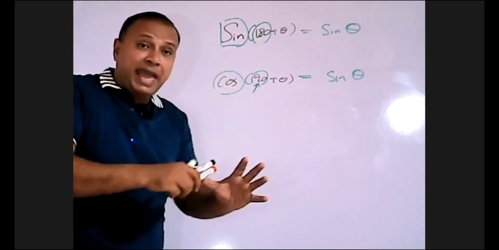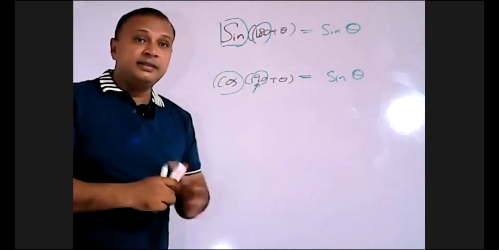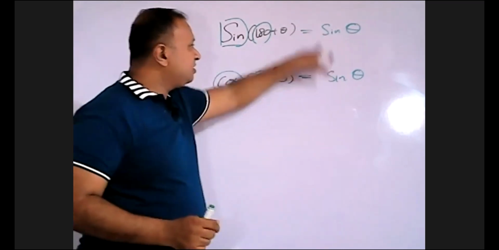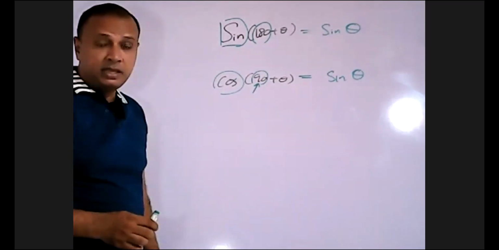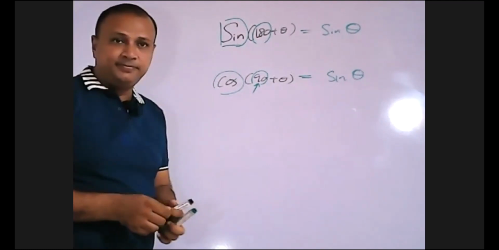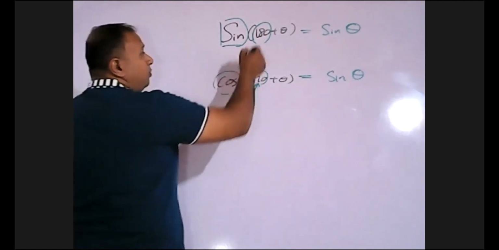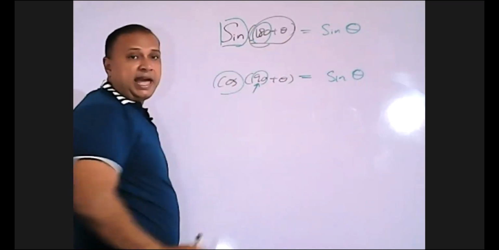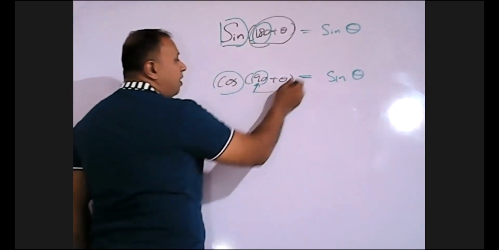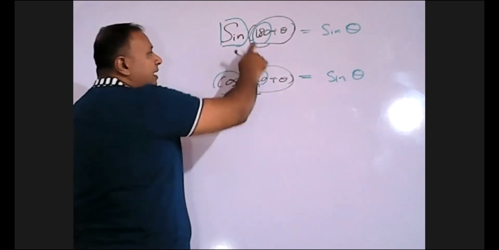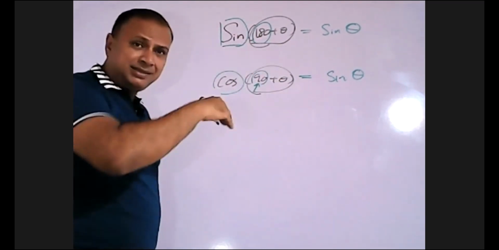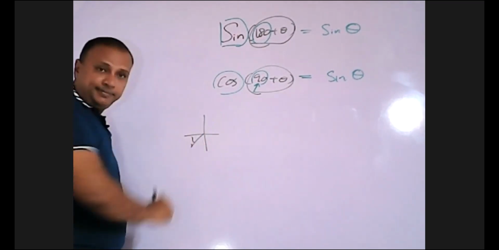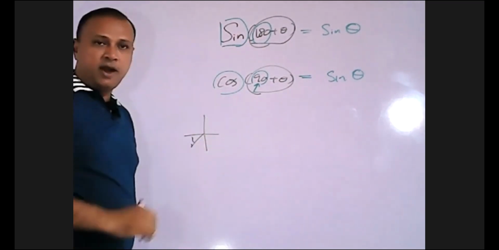Then we have to decide the positive or negativeness of this angle. How to do that? You have to determine the quadrant of this angle. 180 plus theta belongs to the third quadrant.